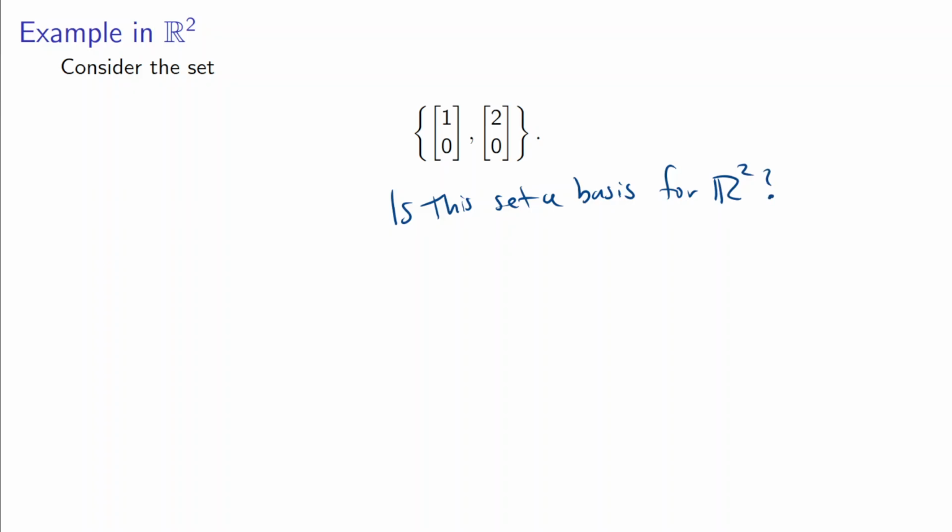We want to know, is this set of vectors linearly independent, and does this set of vectors span all of R2? We can check both of those things, but let's just consider checking for linear independence here by considering the matrix whose columns are given by those vectors. And in general, we might get this into reduced row echelon form through row operations.